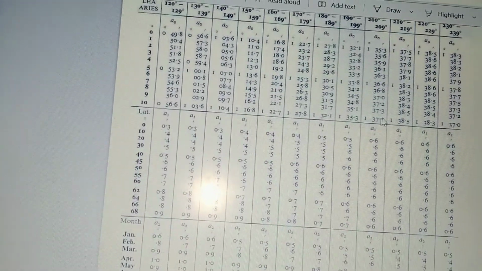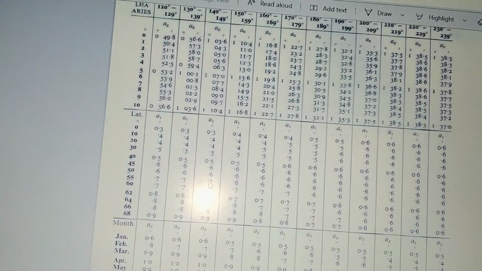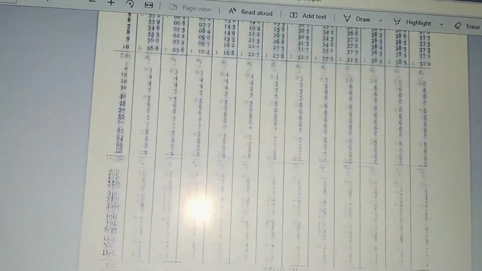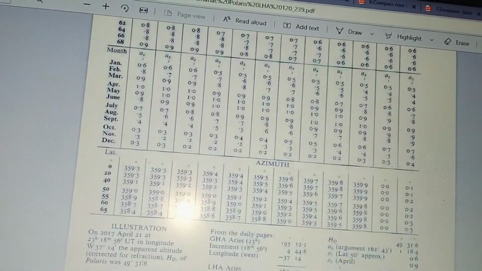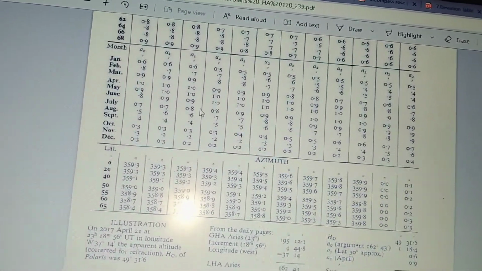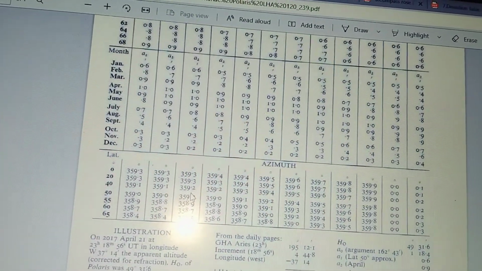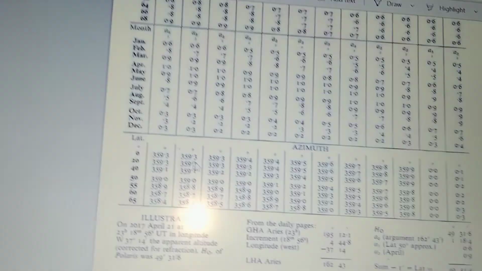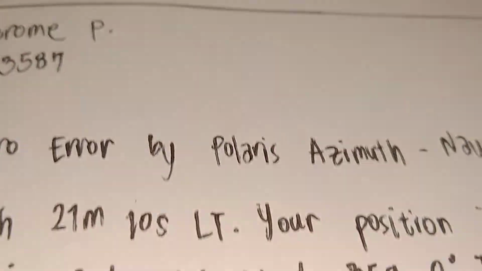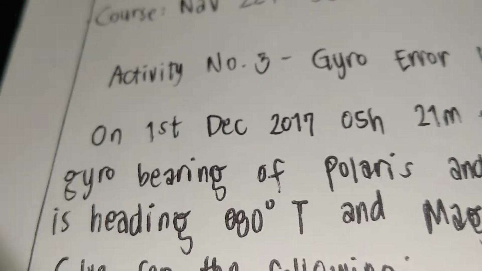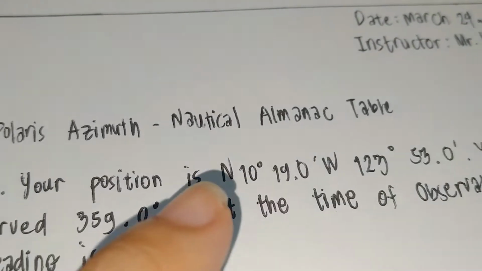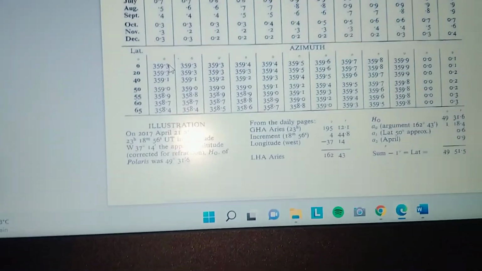And then we will just point it out up to the month, and then to the azimuth, or to the latitude. Since we are on the third row, and we do have our latitude of 10 degrees here.